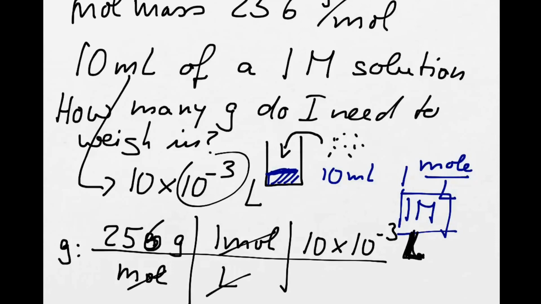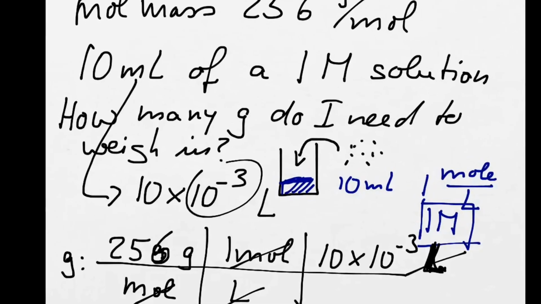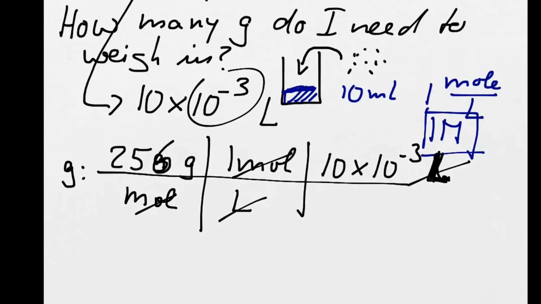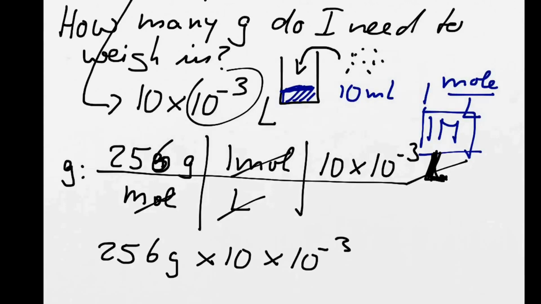And what you see is the liter cancels out, and at the bottom we don't have any units left. We have 256 gram times 10 times 10 to the minus 3.